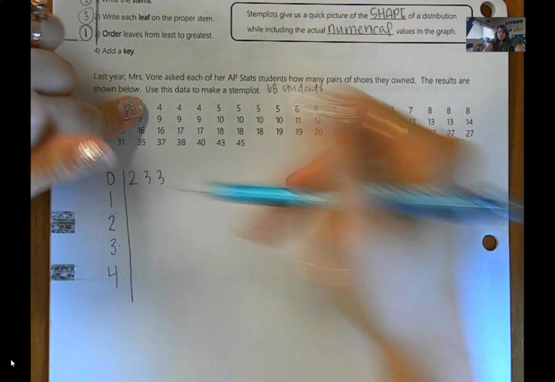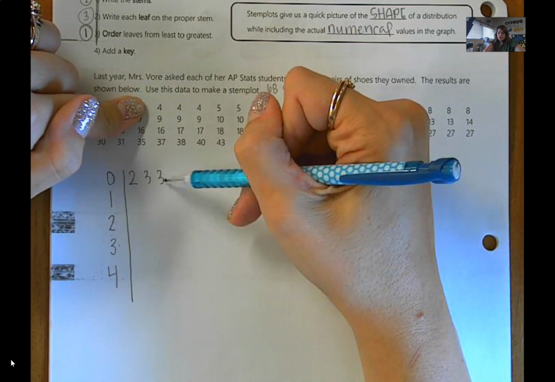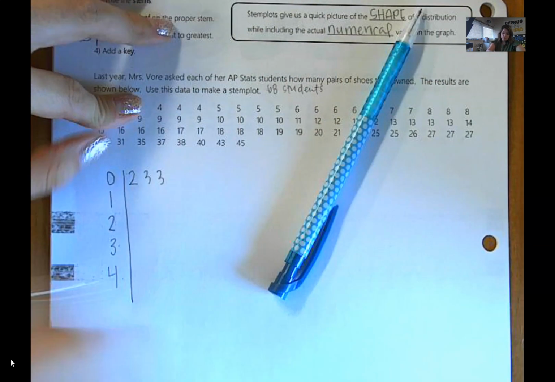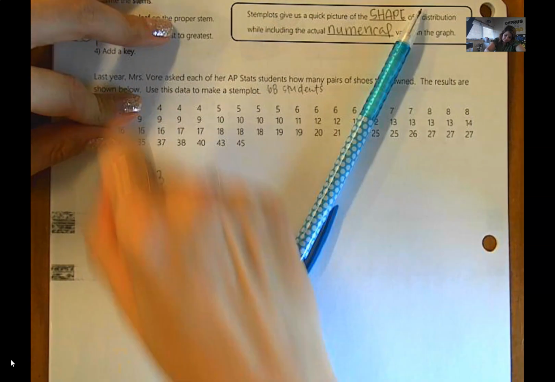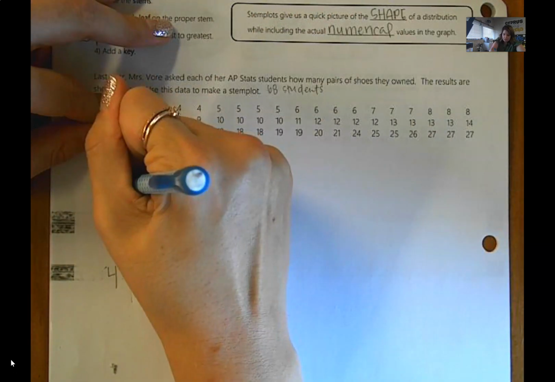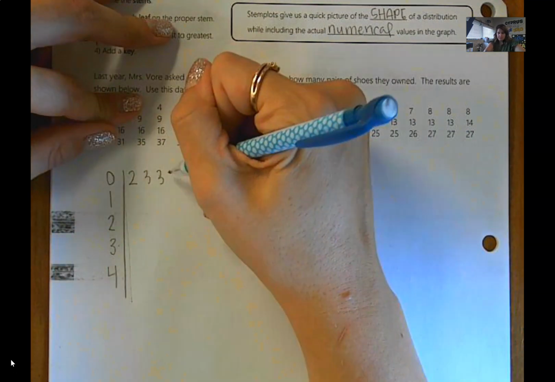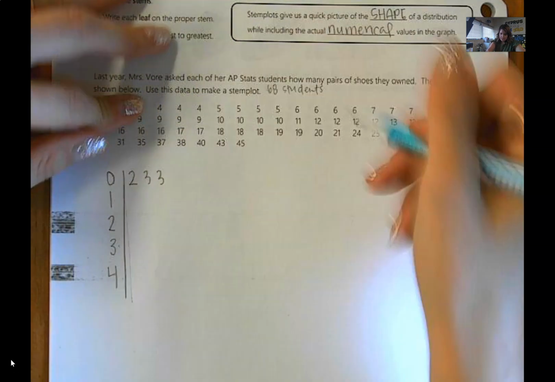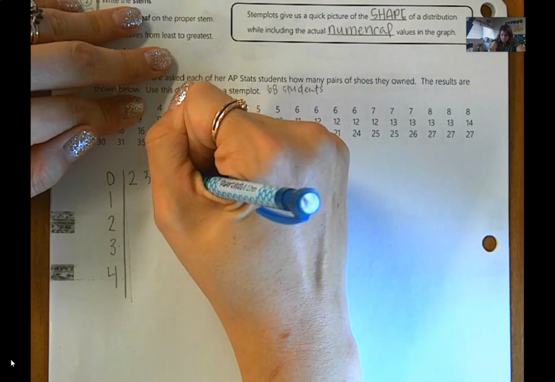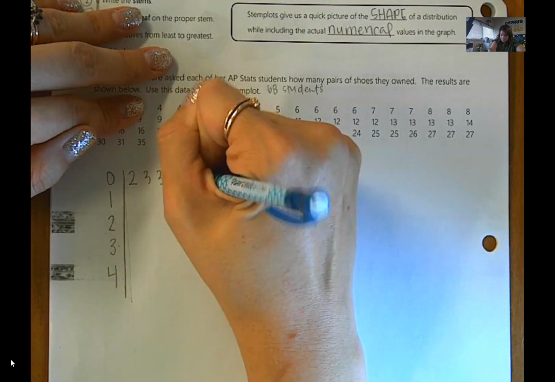I want to leave adequate space between each number because when you go to finish this plot, you are going to need to stack the numbers vertically, just like in a dot plot. So we want to make sure that we leave enough room. Okay, then we have 3 4s.